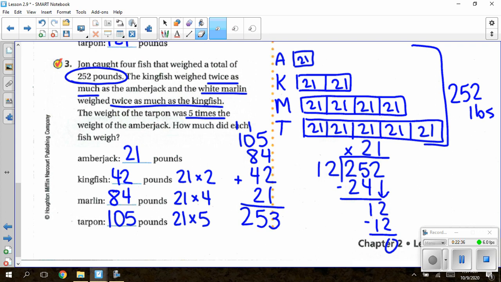I'm sorry, I didn't catch that sooner. There we go. So it does equal my 252 pounds. So I do know that I have a reasonable answer.